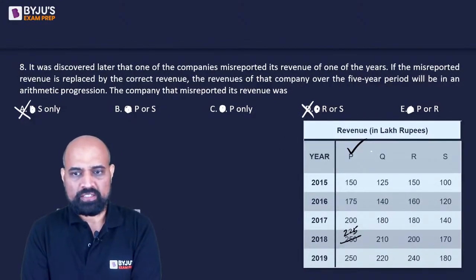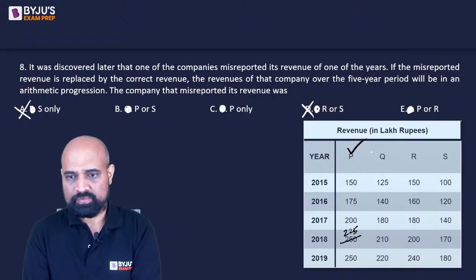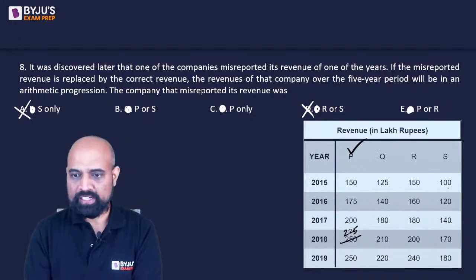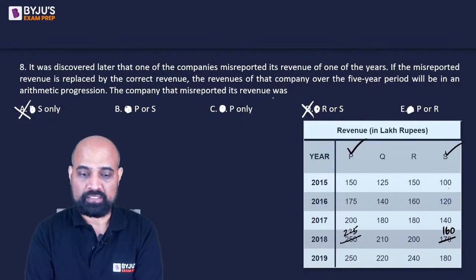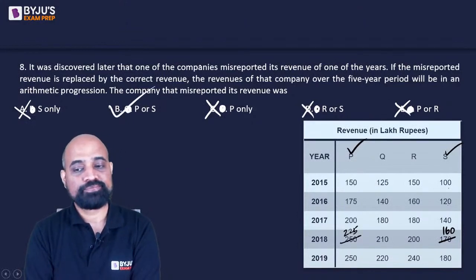So let's do one thing. Let's check S पहले. So S में this is 100, 120, 140. 20 बढ़ रहा है. Now instead of this 170, if this is going to be 160, this will become an AP, right? So S also makes sense. The moment S also makes sense, तो C नहीं हो सकता, A नहीं हो सकता, B हो जाएगा.